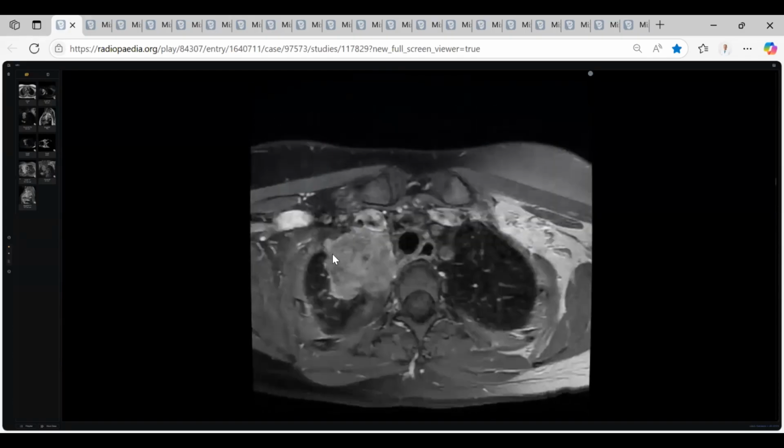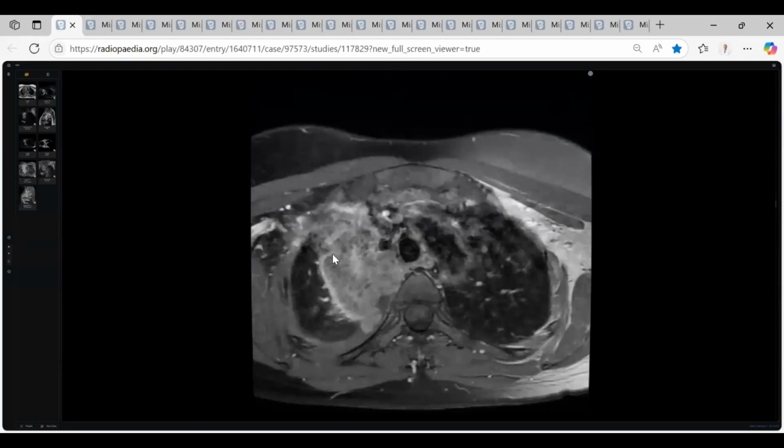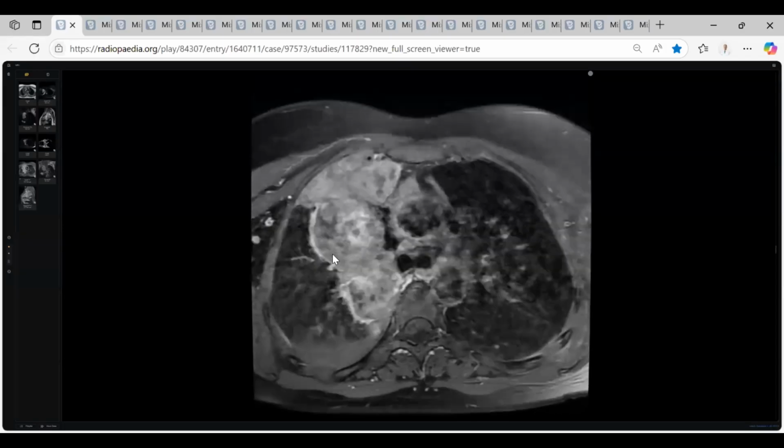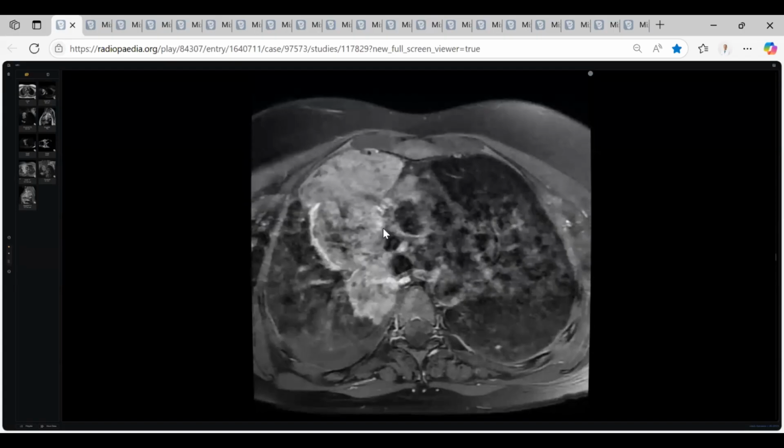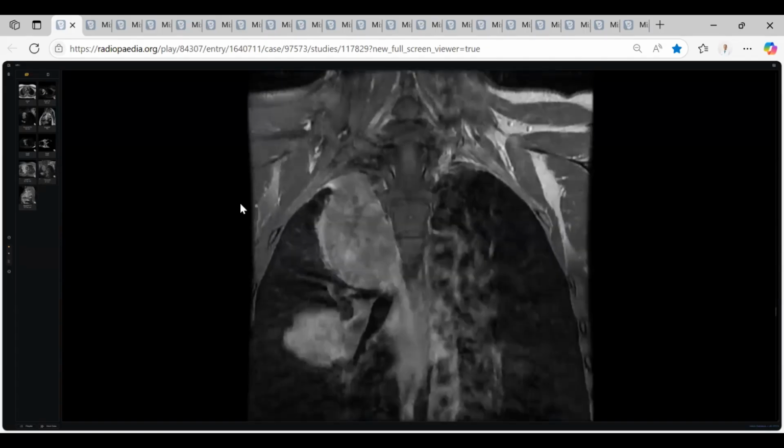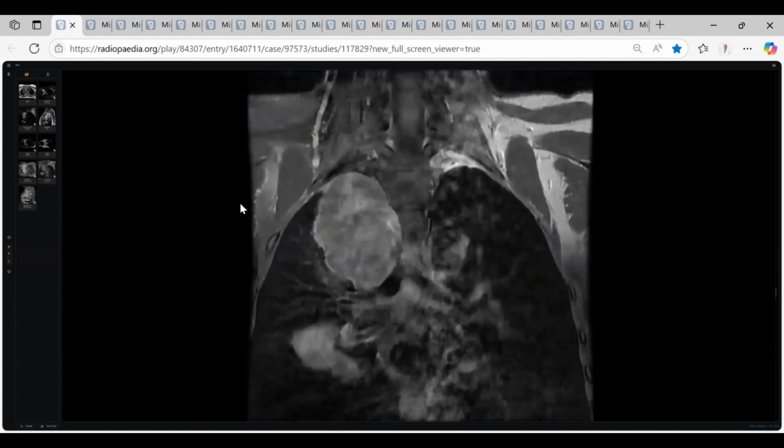So we have many suspected signs of invasion here, at least two. Number one, this abutment is at least more than 150 degrees. See, from here up to here, this is about 180.